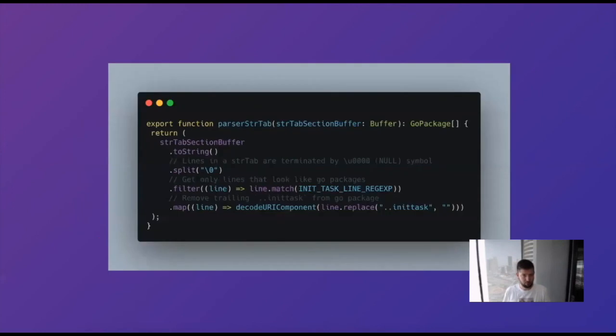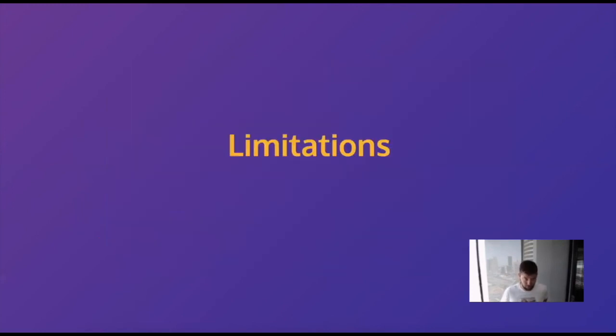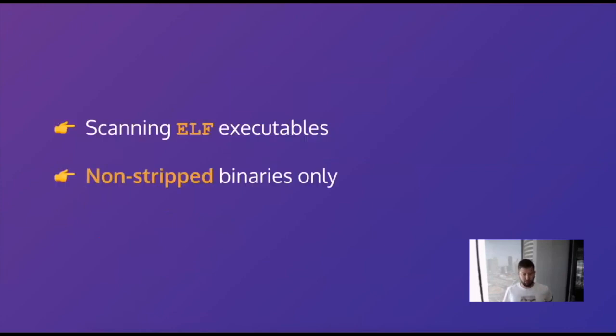And the limitations that we encountered: this is a first release of the feature. So for now, we're doing scanning only for ELF executables. We're considering extending it to also support Mach-O, PE, XCOFF, and other binary formats.